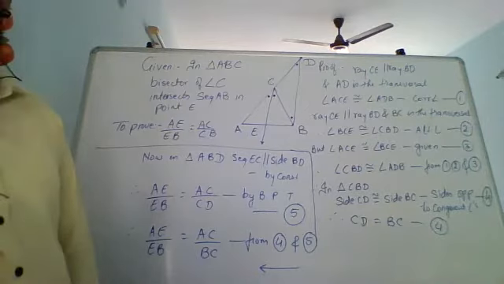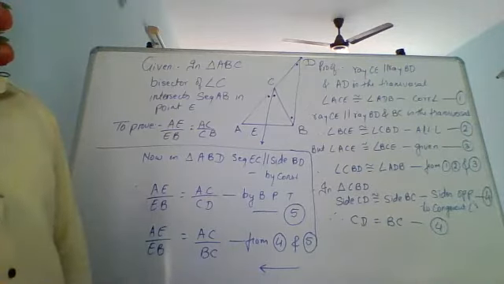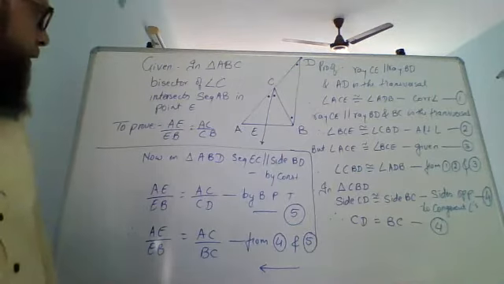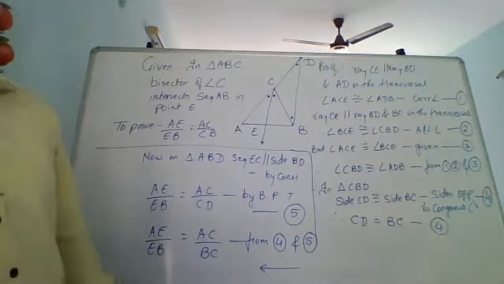That proves the theorem. So AE upon EB equals AC upon BC or CD.